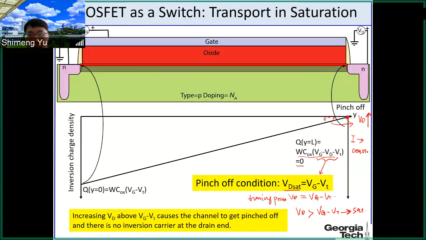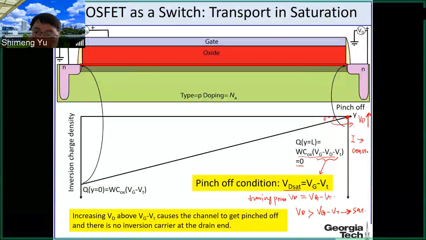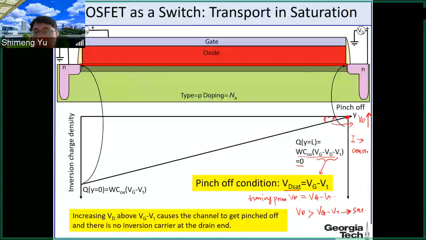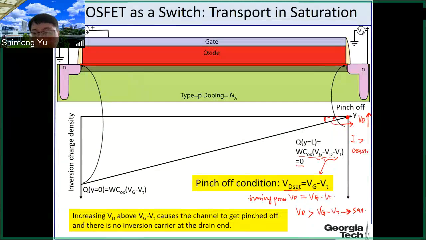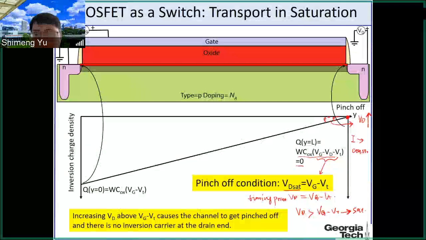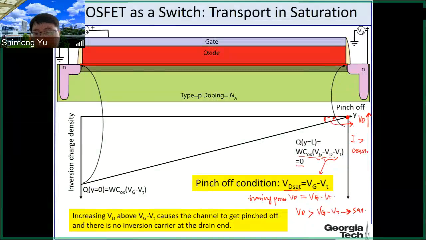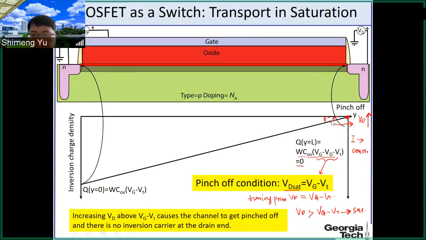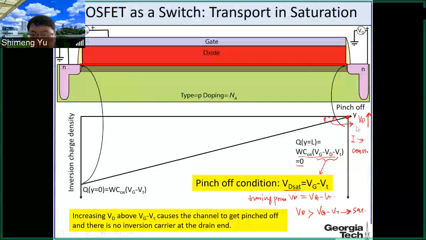But if the drain voltage is large enough, the electrons available here will no longer increase. So the current will be saturated. Saturated means that the current will be a constant value, even when the drain voltage increases. This is called saturation because you don't have more electrons available in the channel.